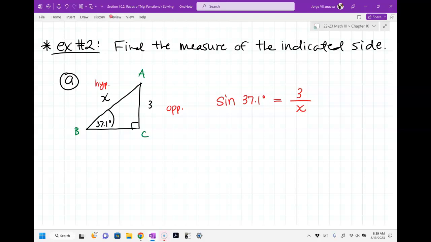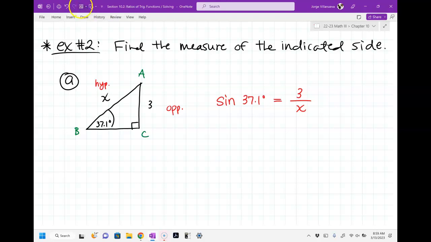Now, they are going to want us to round this stuff to the nearest tenth. So let's figure out what sine of 37.1 is. So now you're going to get your calculator, and you're going to do sine of 37.1. Make sure you're in degree mode, which we talked about earlier. When I hit enter, 0.603, that's what I get.